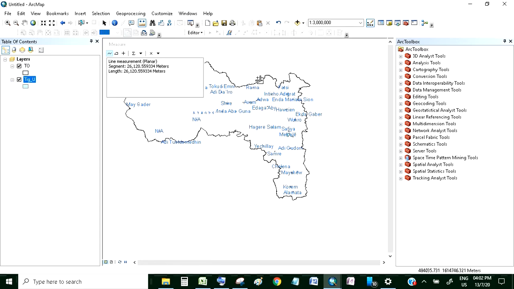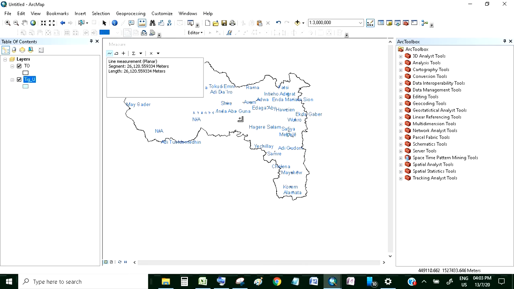So if all these points are randomly distributed, then what should be the expected distance considering the area of the region? This is the way the software calculates observed distance divided by expected distance.